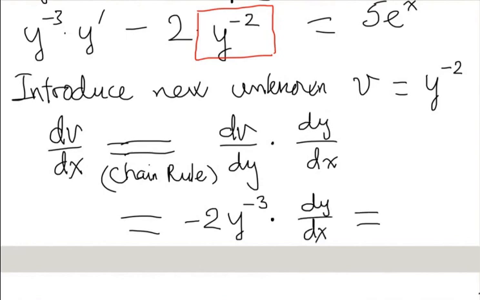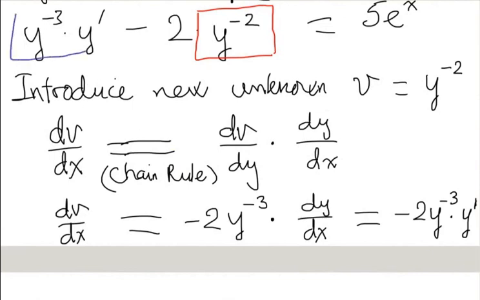This can be rewritten as minus 2 y to the negative 3 times dy dx, which is nothing but y prime. This is dv dx. So you see that after taking the derivative of v, we have something that appears in the equation here: y to the negative 3 times y prime.